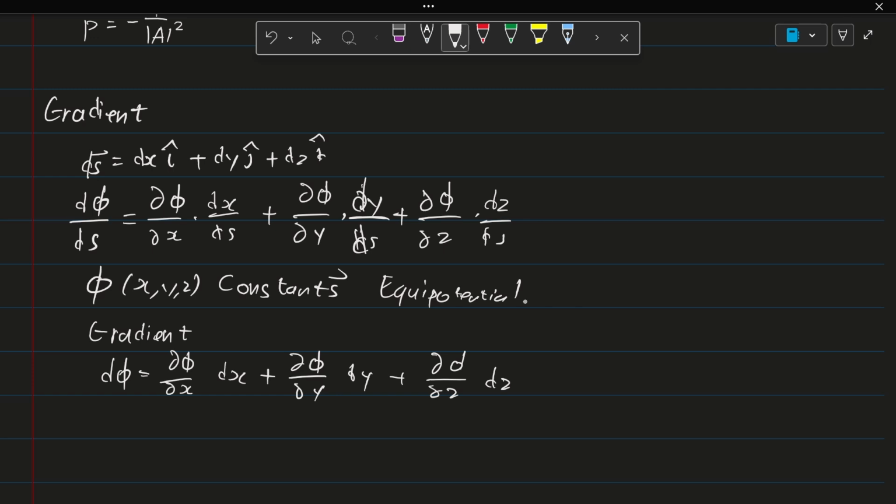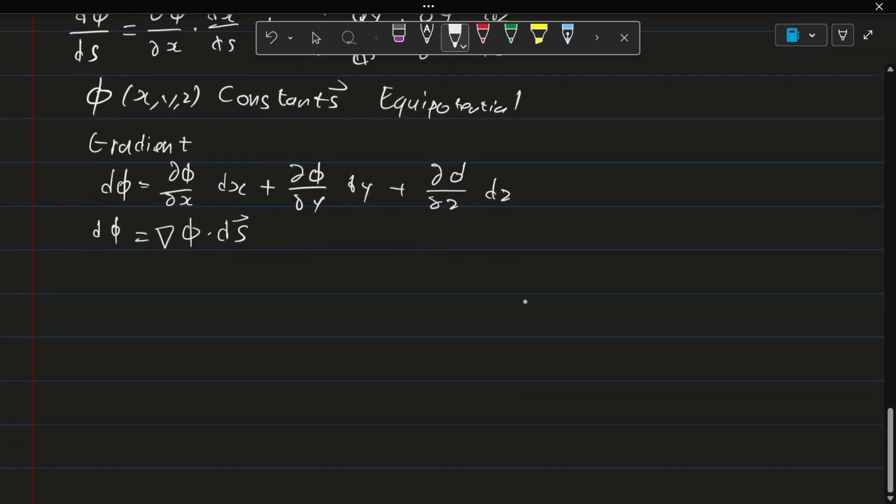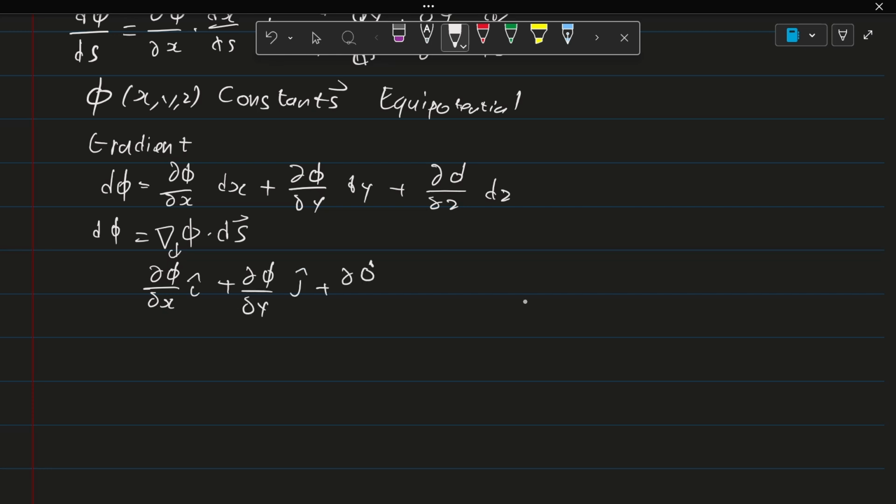And so you could just rewrite this as something, which we'll denote as nabla phi, dot ds, in which ds is your vector, right? So what's nabla phi? This is what we call the gradient, and it has value of partial phi over partial x in the i hat direction, partial phi over partial y in the j hat direction, partial phi over partial z in the k hat direction.